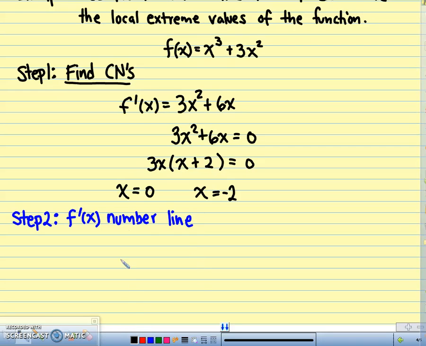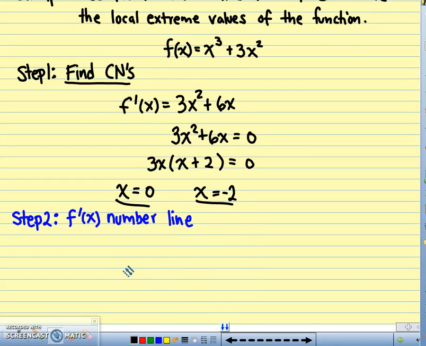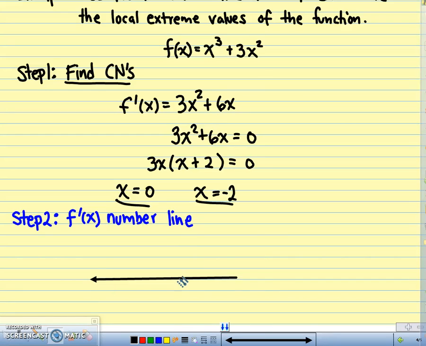By the way, these are your critical numbers here, and those are the values that we're going to input on this number line. Let's do that. So we have negative 2, we have 0. So we have created some intervals.